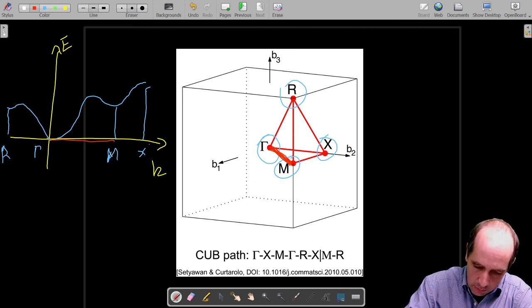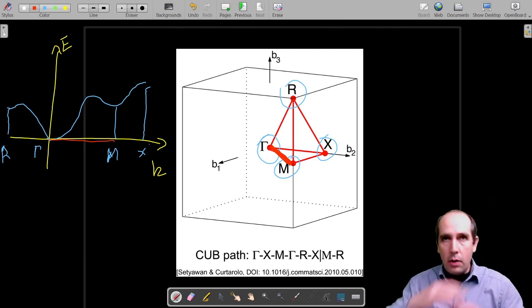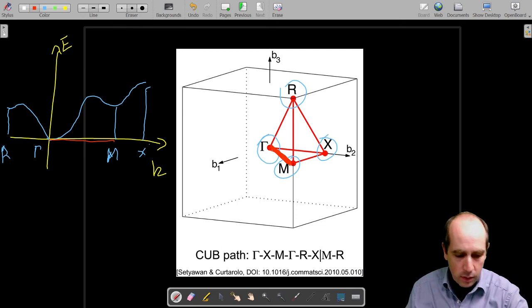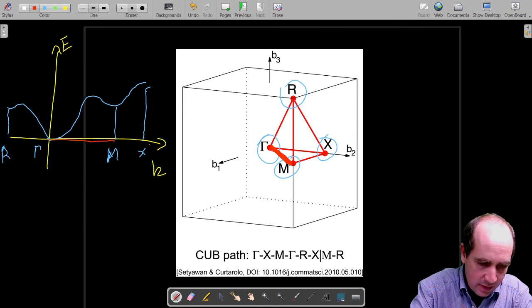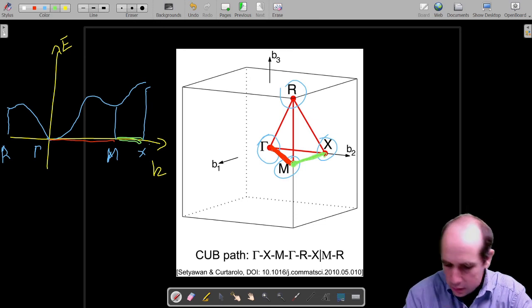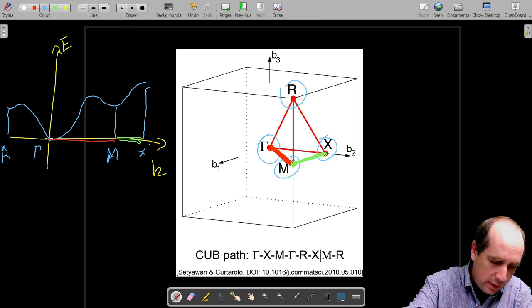Okay, this line over here, and how the energy changes as you move along this direction in the first Brillouin zone. And then you go from M to X, so basically this other part here, from here to here, what you see is how the energy changes as you change the k vector from this point to this point across this line, for example. And then you have, I don't know, this one over here.